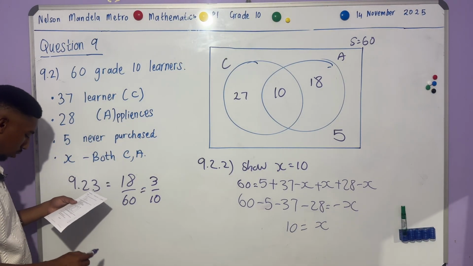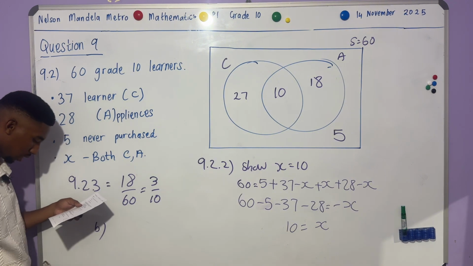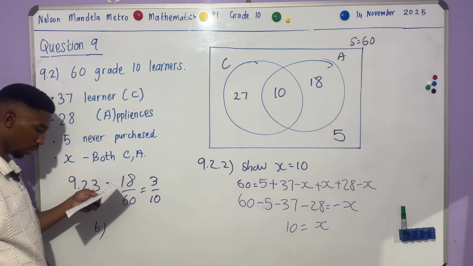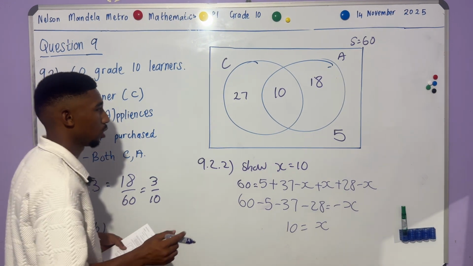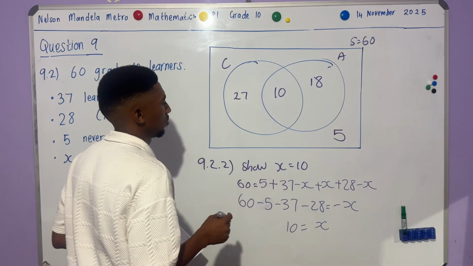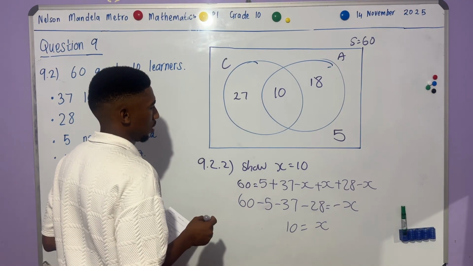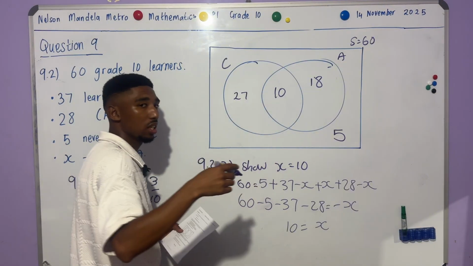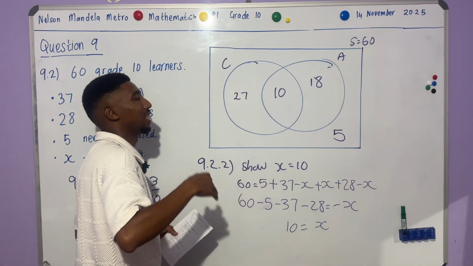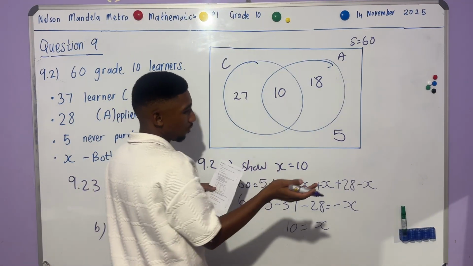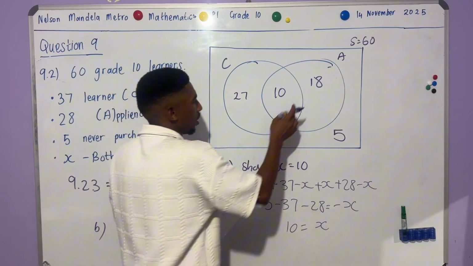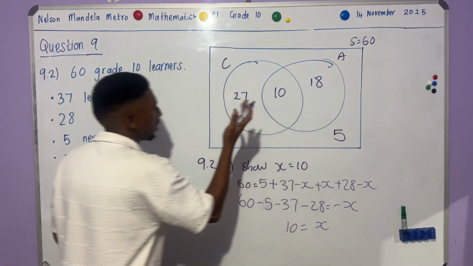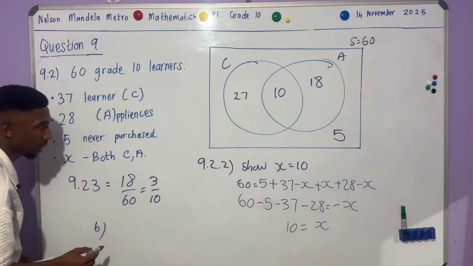And the next question says purchased at least one of the two products online. So at least one. That means it can either be this one or this one. It doesn't have to be both. It says at least one. So this is both. If you buy both, you bought at least one. So it's 18 plus 10 plus 27 because you bought at least one of the appliances.